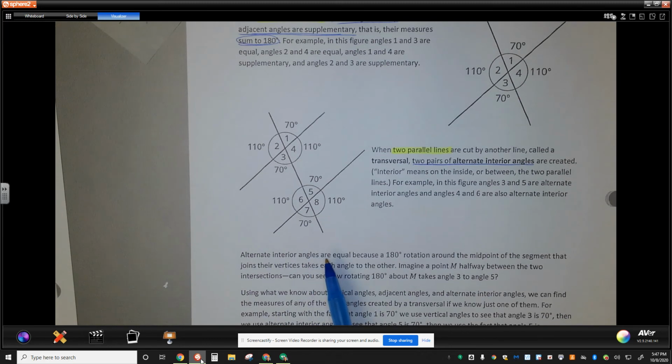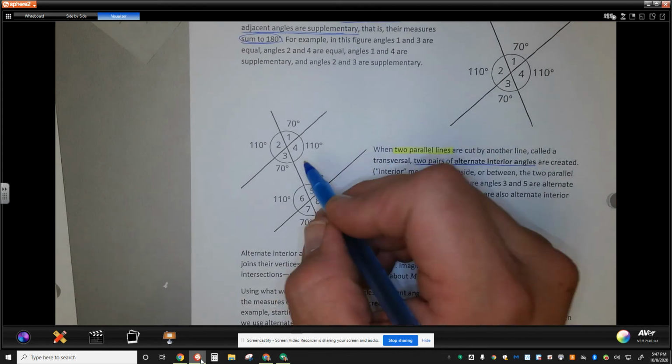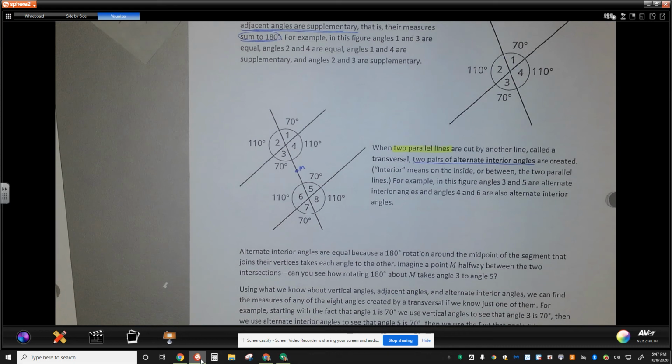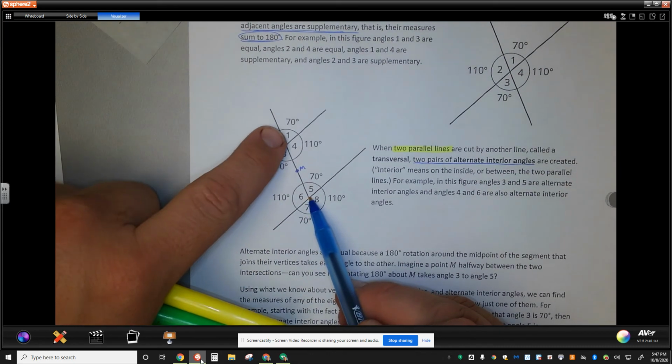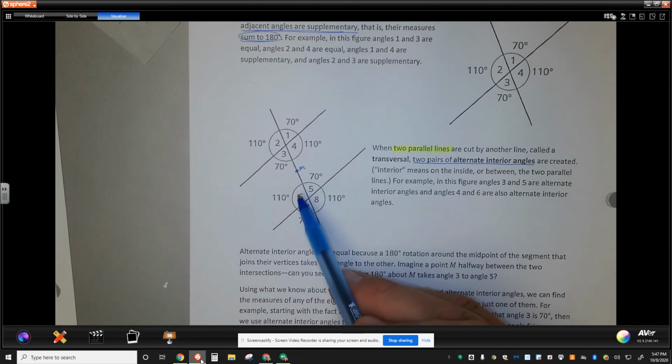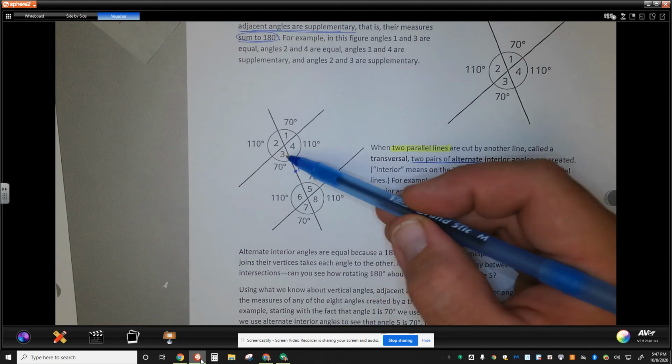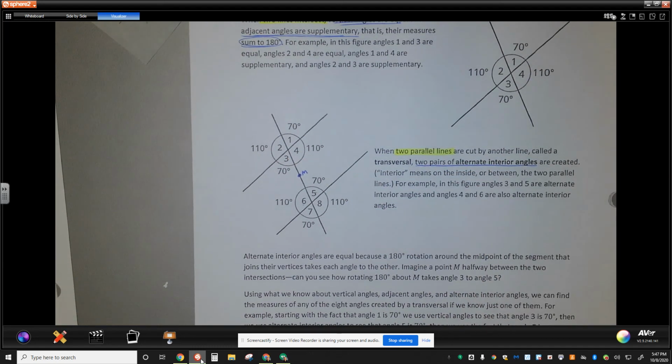Alternate interior angles are equal in their measure because a 180 degree rotation around their midpoint takes these two vertices and changes them to each other's place. So angle 6 would rotate directly to angle 4. Angle 5 would rotate directly to angle 3.